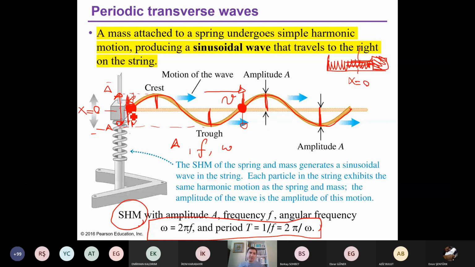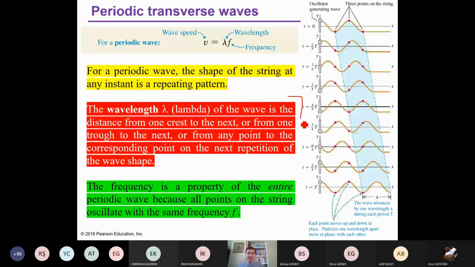And this is the wavelength, lambda, okay? Distance between these two particles. Let me explain in a different way here. The wavelength lambda of the wave is the distance from one crest to the next, or from one trough to the next, or from any point to the corresponding point on the next repetition of the wave shape.